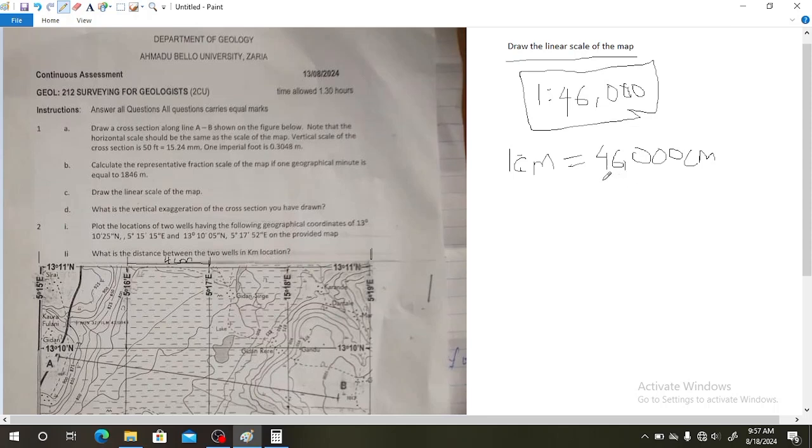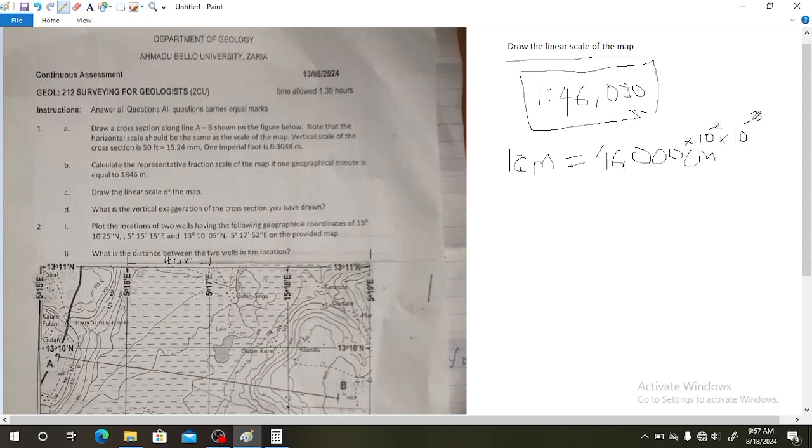As we are going to divide, right? Centimeter to meters, we know that's times 10 raised power minus 2. And times meters to kilometer, that's 10 raised power minus 3.